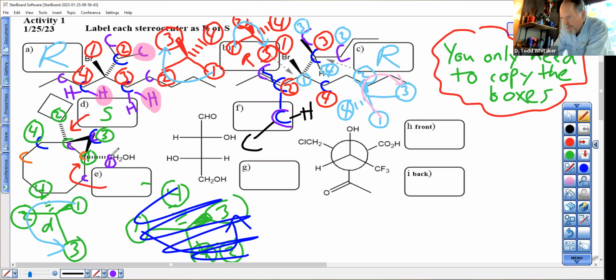And then 2, we're comparing this C that has nothing but bonds to C with this C, which has only 1 more bond to C and 2 H's, and this C, which has only 1 more bond to C and 2 H's. The C with nothing but bonds to C is 2.